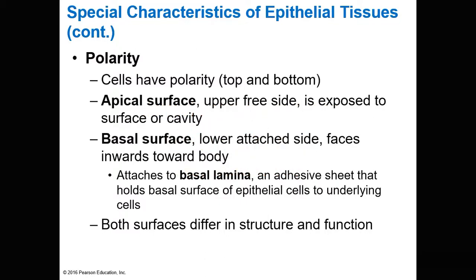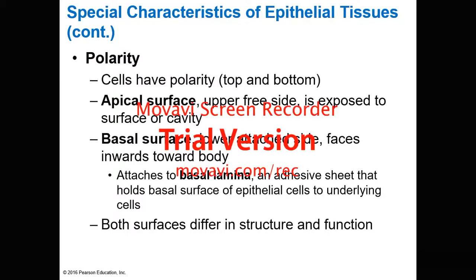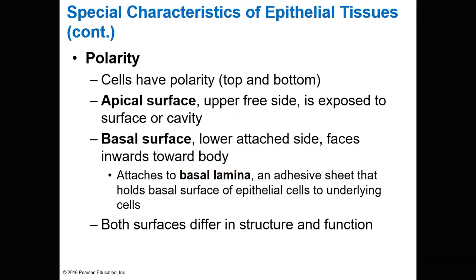Polarity: cells have a top and a bottom. They have an apical surface, which is the top, the upper free side, and it's exposed to the surface if it's on the external surface, or to the cavity if it's internal. Then you have a basal surface, which is the bottom.